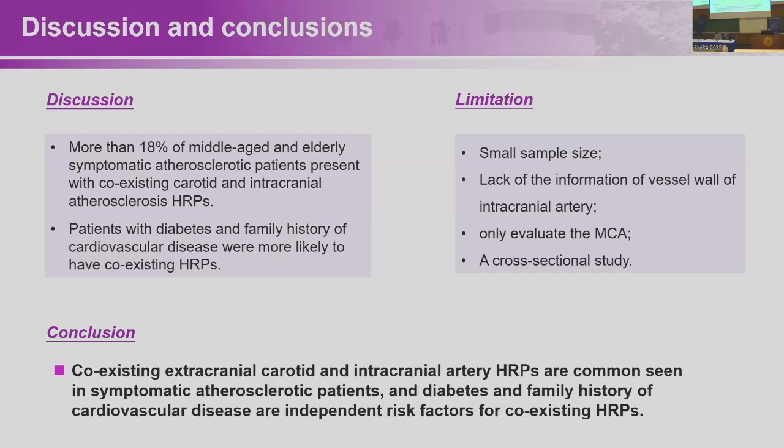In summary, coexisting extracranial carotid and intracranial artery HRPs are commonly seen in symptomatic atherosclerotic patients. And diabetes and family history of cardiovascular disease are independent risk factors for coexisting HRPs.